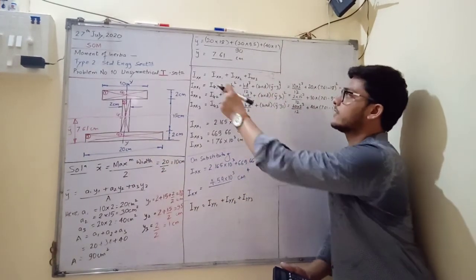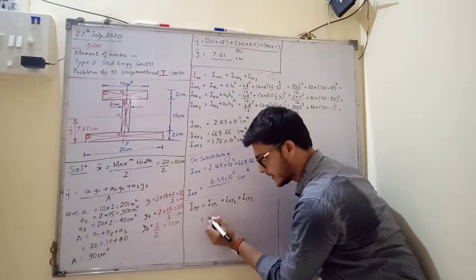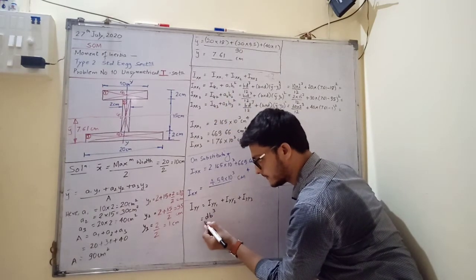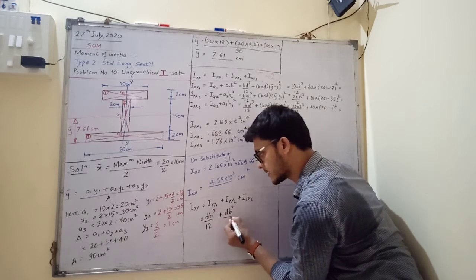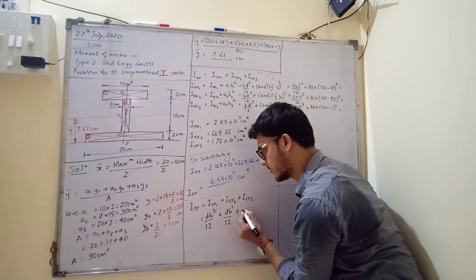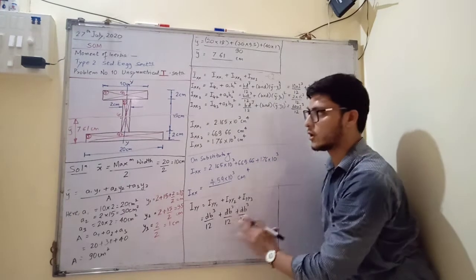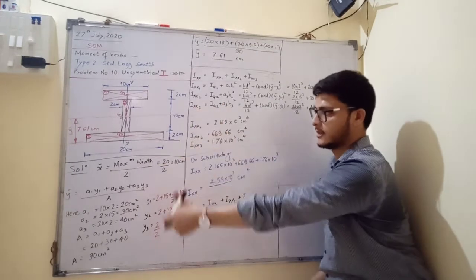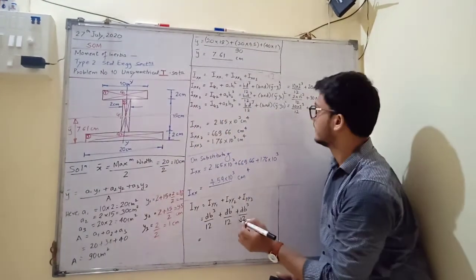So we are left with Ig1, Ig2, Ig3. So directly I will calculate it by using dB cube by 12 of first rectangle, db cube by 12 of second rectangle, and db cube by 12 of third rectangle. This will be same in all I-section problems, unsymmetrical. You have to calculate in same pattern. So I'll substitute the values.